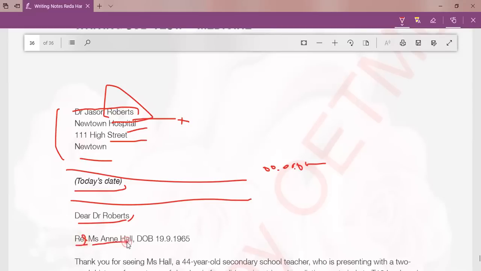Miss Ann Hall, date of birth like this, and try to write it correctly and completely, in the same format as the official website.